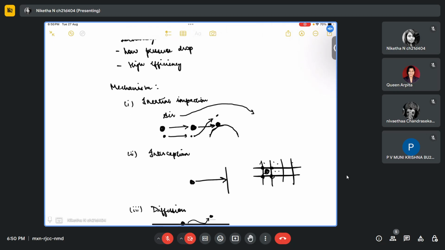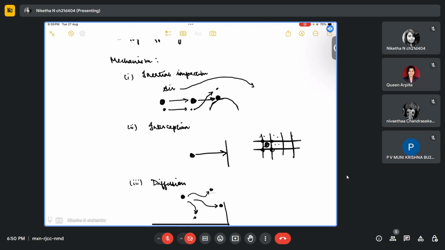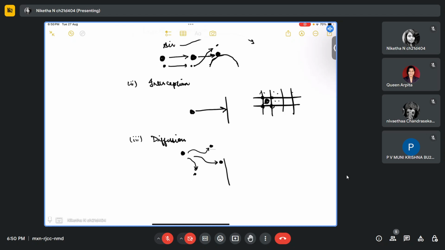So these three mechanisms happen when you have a bag filter: inertial impaction, interception, and diffusion.